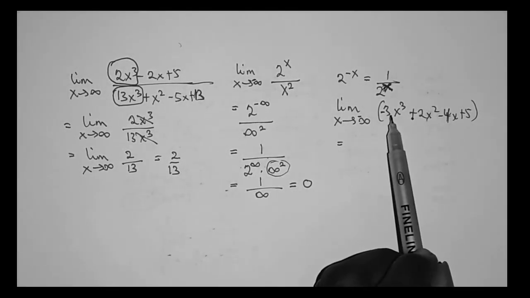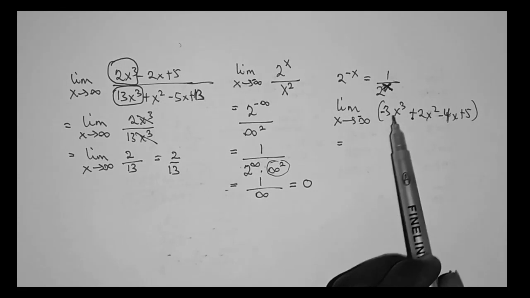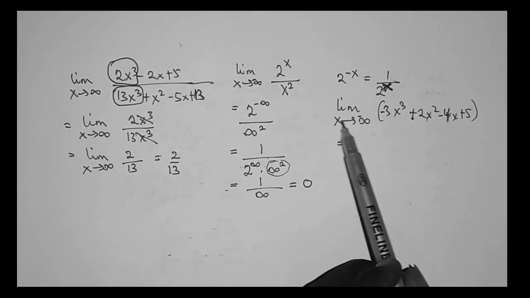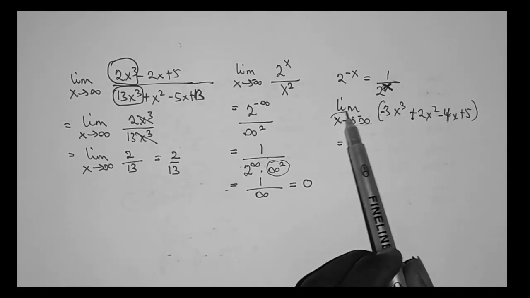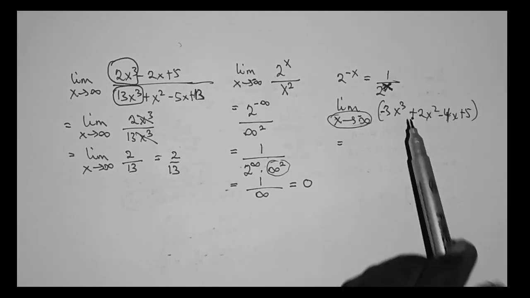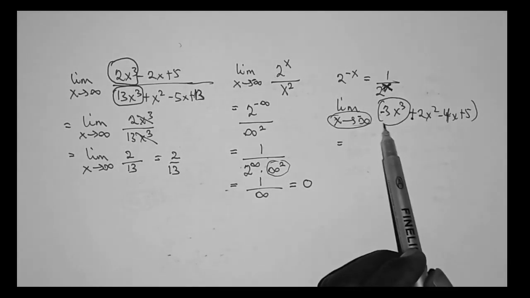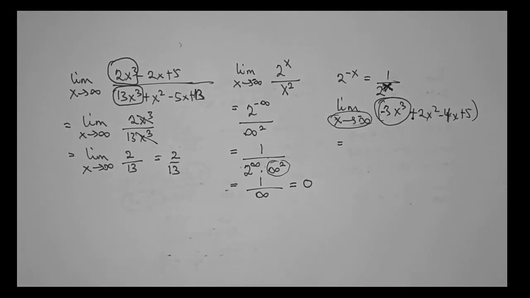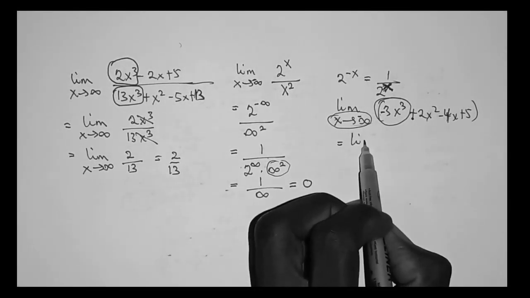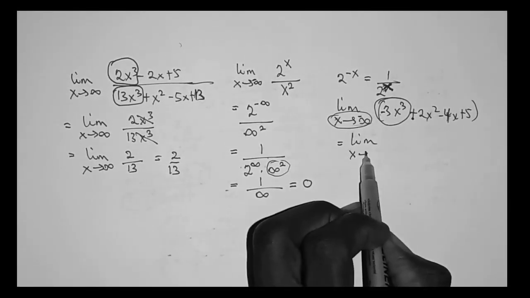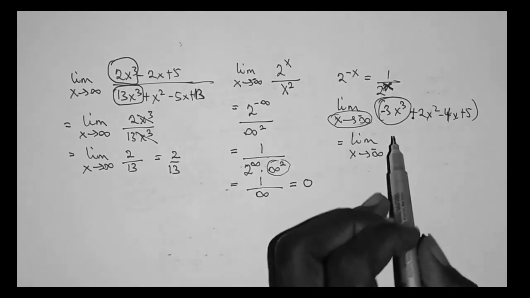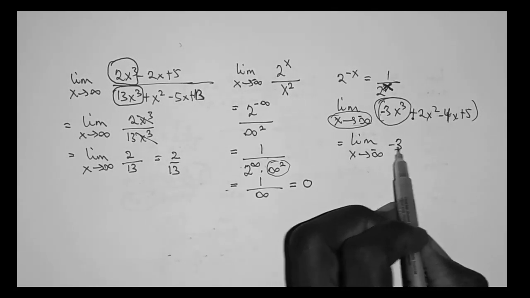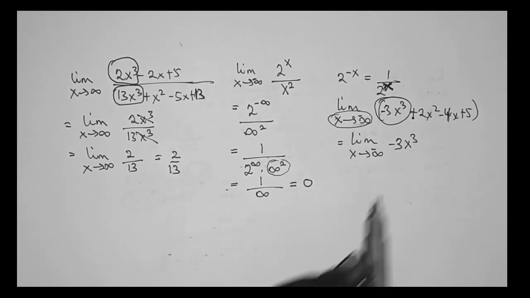We said that for a polynomial, the most important thing when it comes to limit at infinity, so far as you see limit at infinity, you must consider the term with the highest degree. So this is equal to the limit as x approaches infinity from the right hand side of minus 3x cubed.